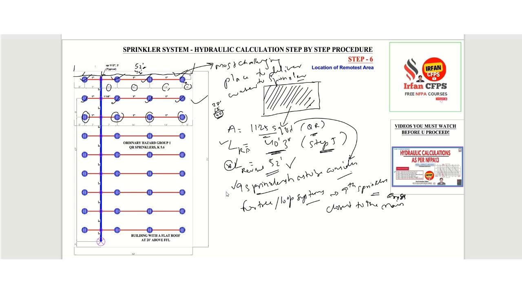So this is the cross main. If this is the cross main, then either this sprinkler or this sprinkler we can consider, since the distance from this cross main is 7 feet for this sprinkler as well as this sprinkler. We are going to consider this particular sprinkler. I will just erase these things and we will move forward.